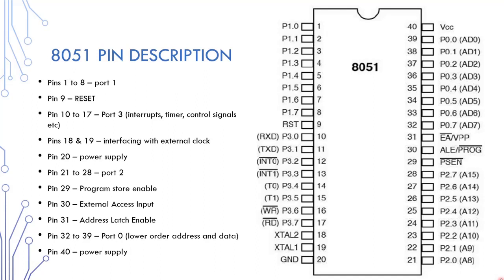It is used to enable or disable the external memory interfacing. Pin 31 is the ALE pin, which stands for address latch enable. It is used to demultiplex the address-data signal of the port.